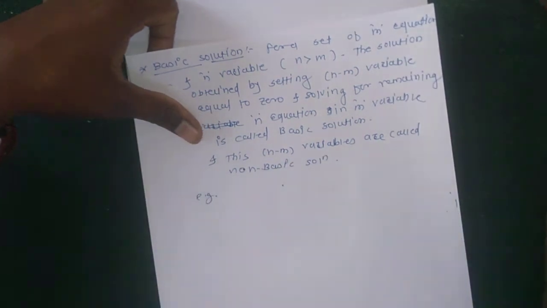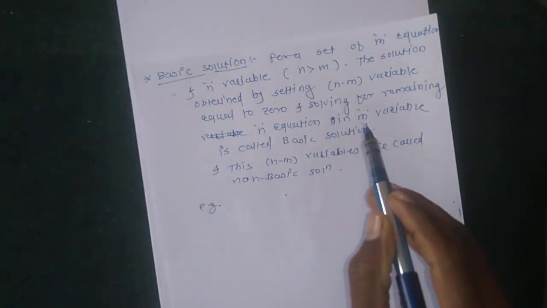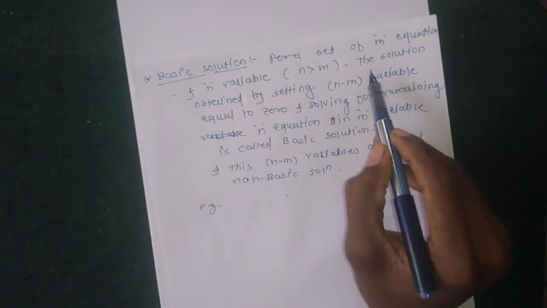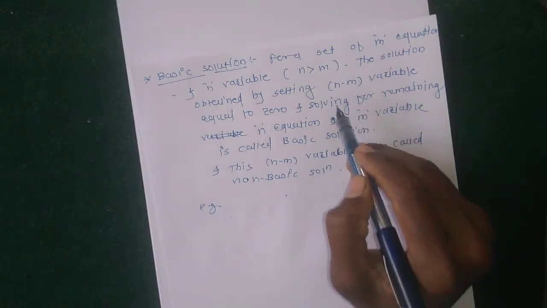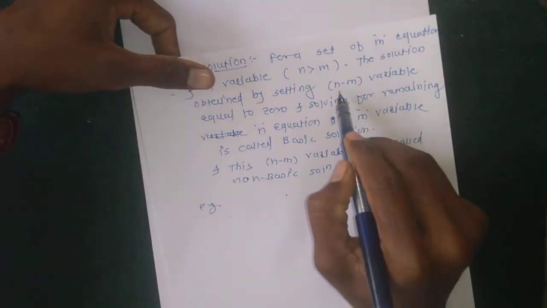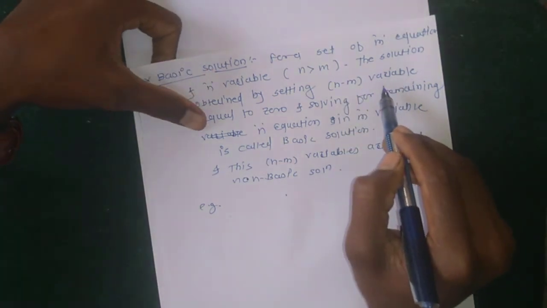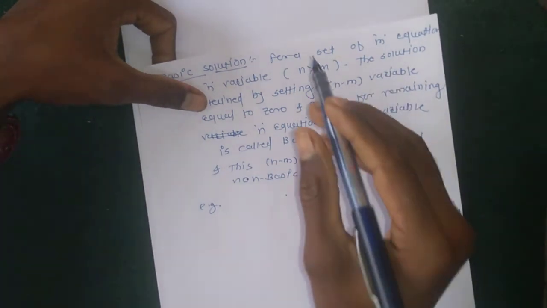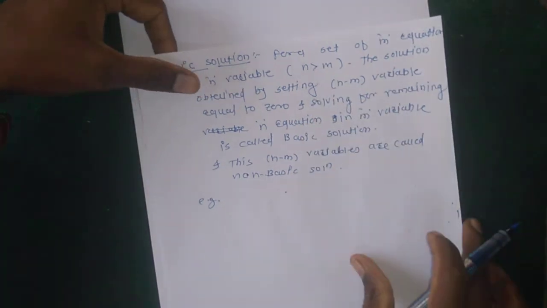For example, basic solution means the number of variables is greater than the number of equations. Then how to obtain the basic solution? We first take the n minus m variables as 0 and solve the LPP, and we get a solution.